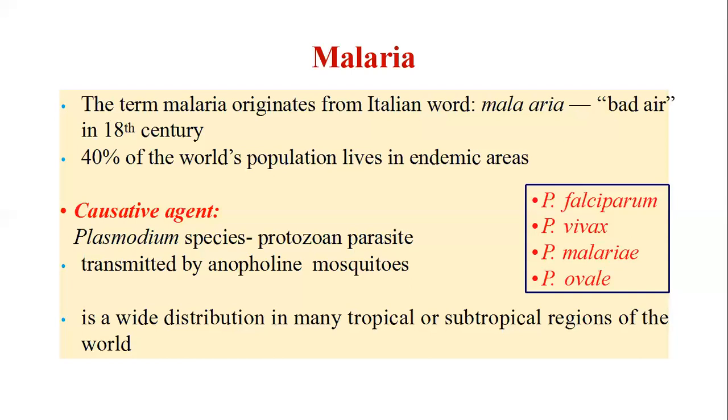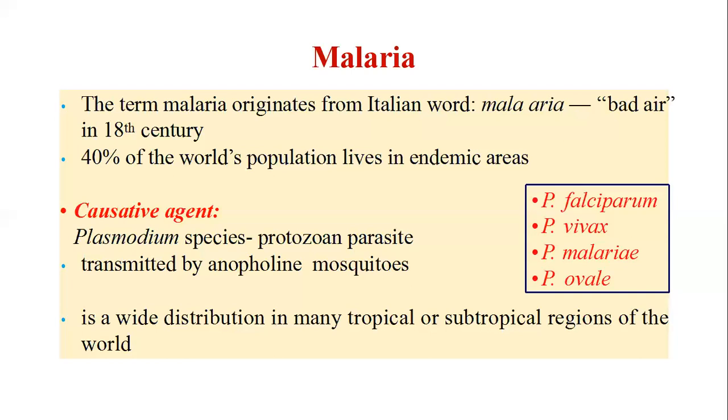So this information clearly tells you what importance is given by the subcontinental, subtropical or tropical region-based countries, because this particular disease has a wide distribution in many tropical and subtropical regions of the world, affecting human individuals.